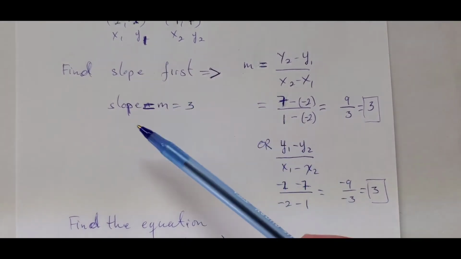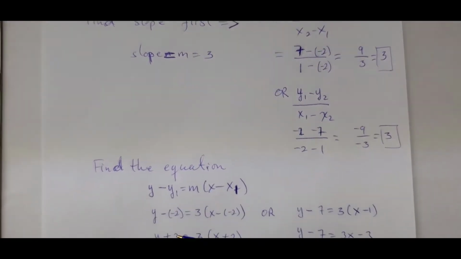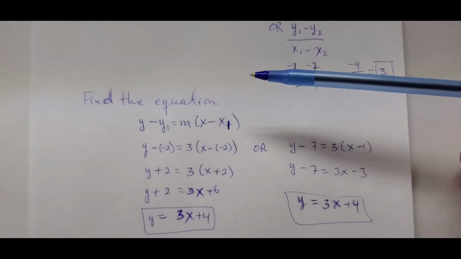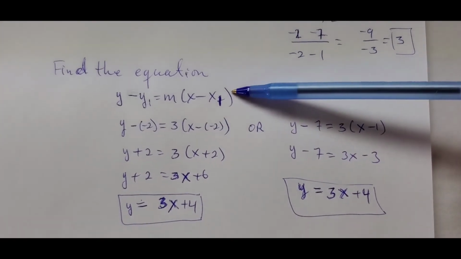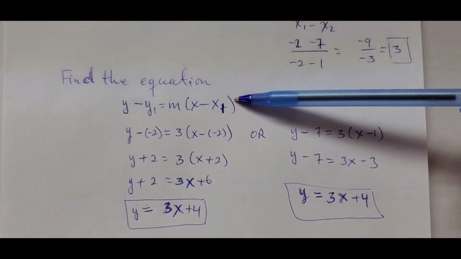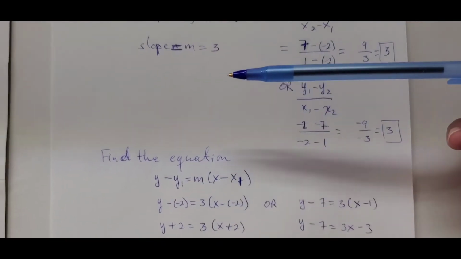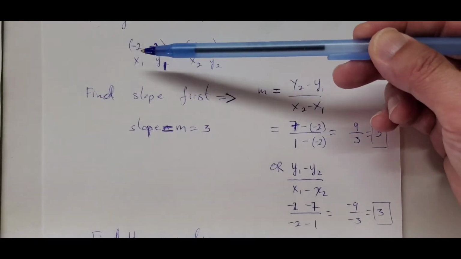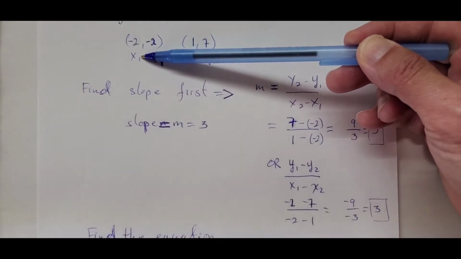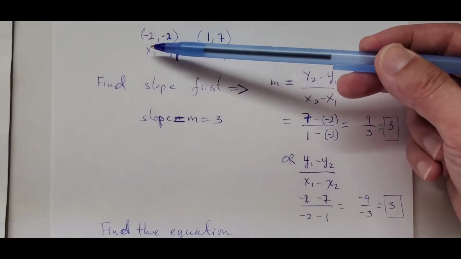Once you have your slope, now you use the point-slope form equation, which is right here. Now all you have to do is plug them in. We know what y1 is, so go back to the point up here: y1 is -2, and x1 is -2. That's where I got the point from.